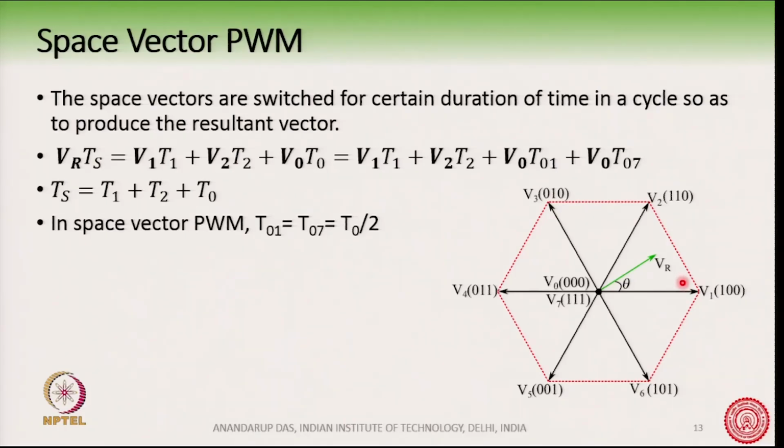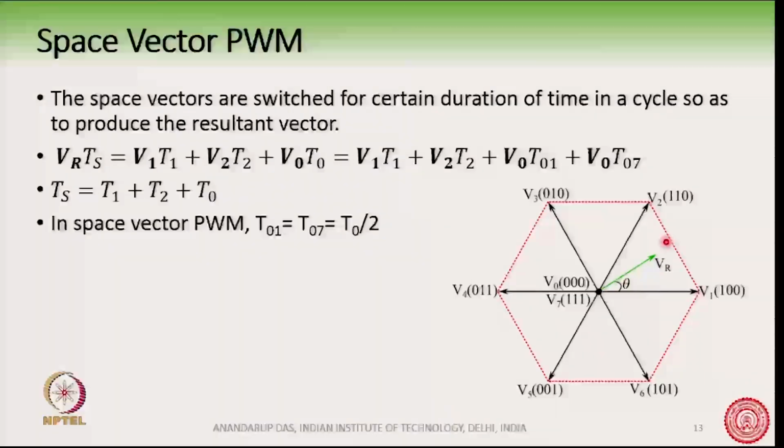On the other hand, if we apply this vector for a long duration of time within the time period Ts, that means this vector is being applied for the largest fraction of the total time period Ts, then the resultant vector will move closer to this one. It will be far away from these two vectors V1 and V2.